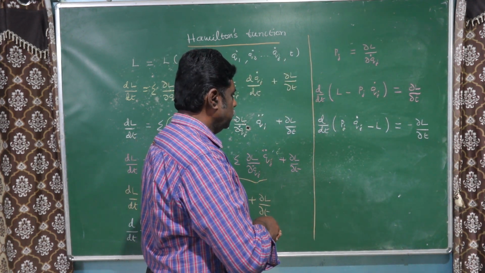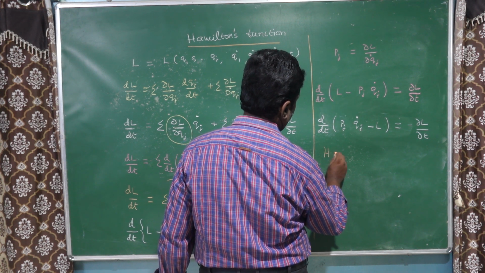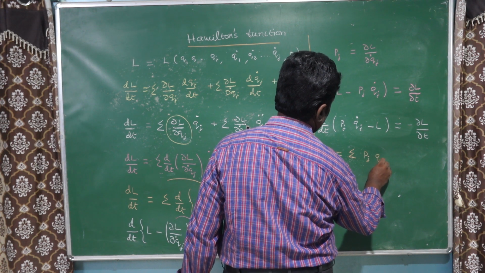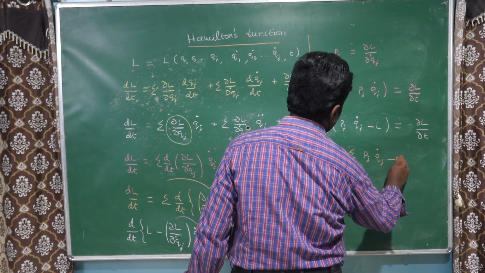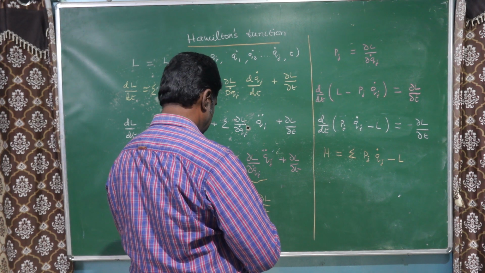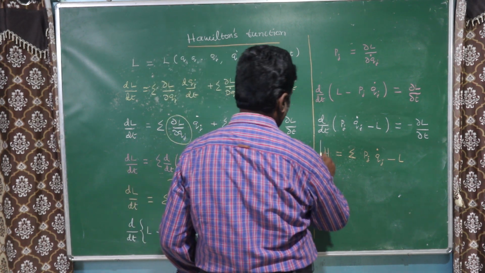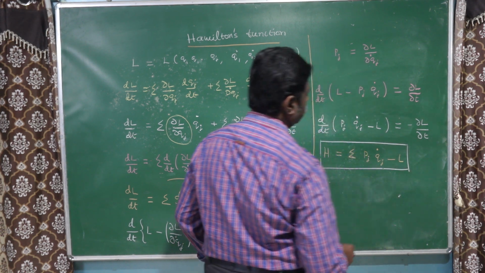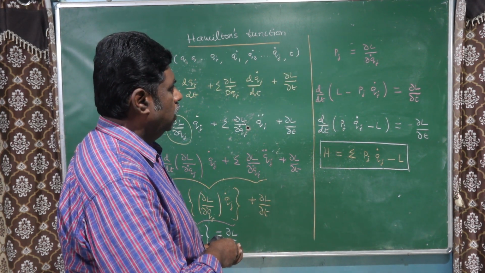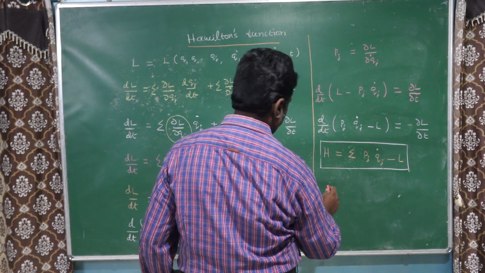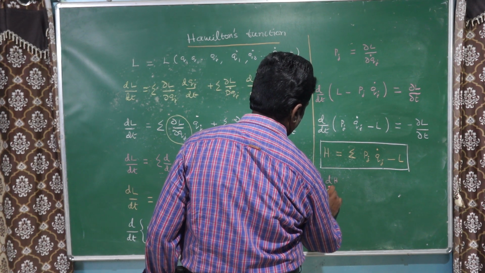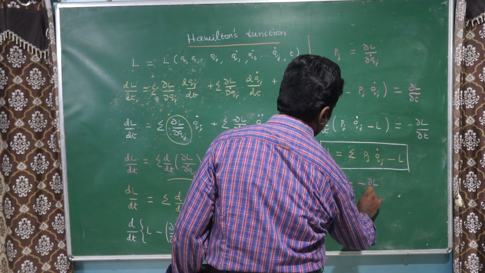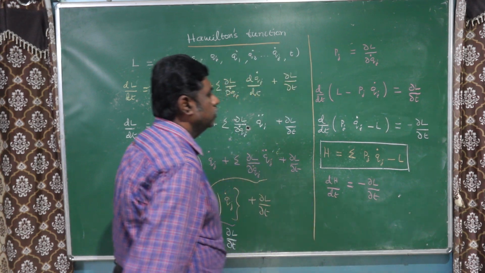Let us introduce a function H equal to Pj qj dot minus L. This is our Hamilton's function, H equal to Pj qj dot minus L. Now this equation becomes dH by dt, which is equal to minus ∂L by ∂t.